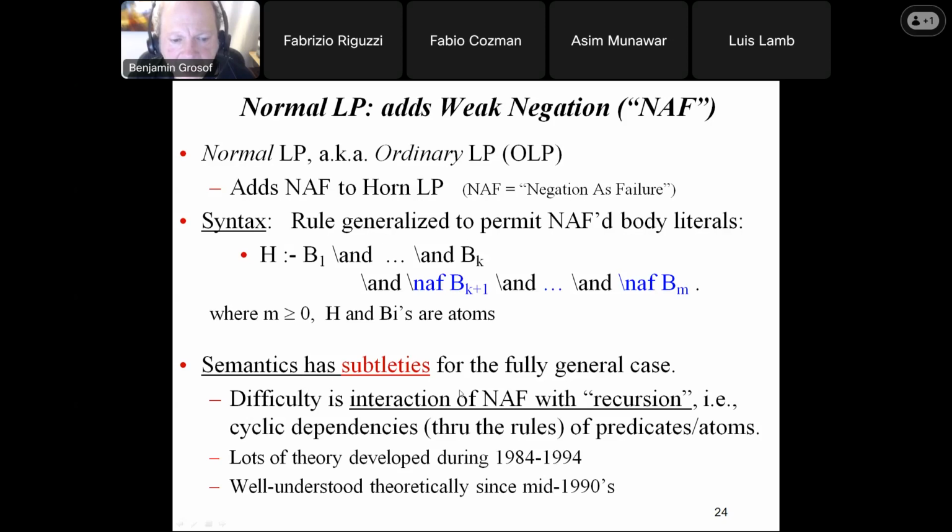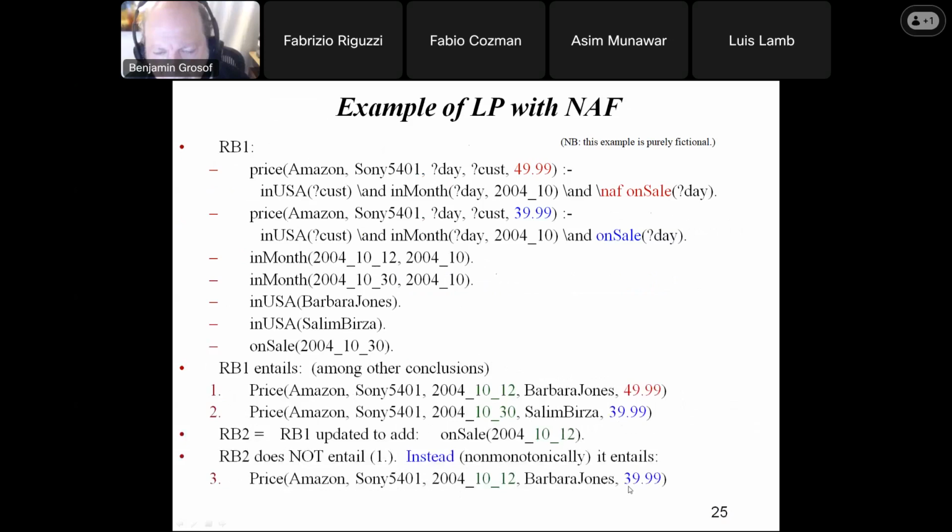So the semantics has subtleties for the fully general case because of the interaction of negation as failure with recursion, i.e. cyclic dependencies through rules among different atoms. A lot of theory was developed about this during the decade from 1984 to 1994, and it's been well understood theoretically since then.